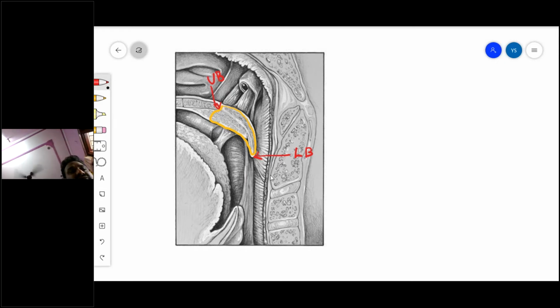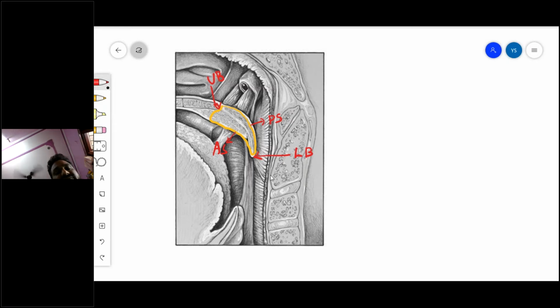Next we come to the surfaces. Two surfaces are there. This one is the posterior surface, and this one is the anterior surface. So these are the parts of the soft palate. It is a fibro-musculo-glandular curtain.